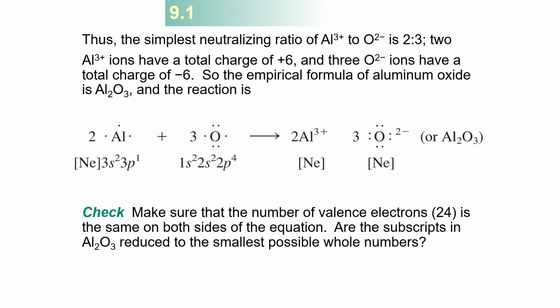So basically we need 2 aluminums and 3 oxygens because we have 3 valence electrons to get rid of, but oxygen only needs 2. But if we have 2 aluminums and 3 oxygens, then this will even out, and I want to actually show this in a different manner.